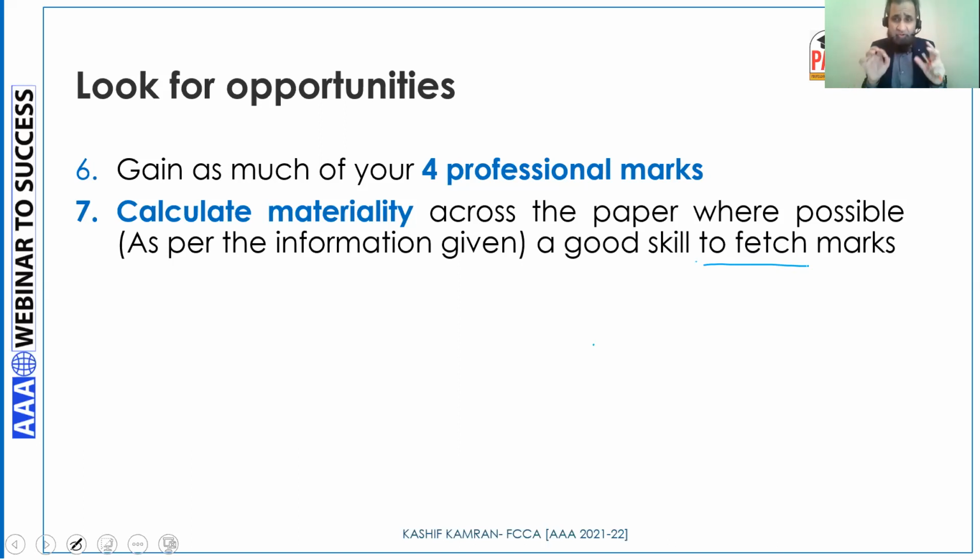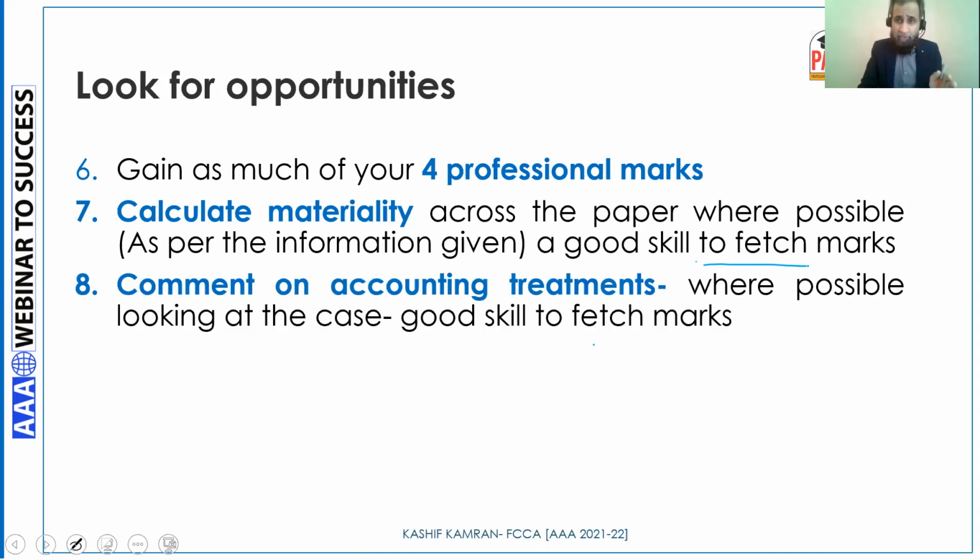Wherever possible, try to calculate materiality in the AAA paper because you are a manager and that's a good skill you can demonstrate. Comment on the accounting treatment where possible across the 100 marks paper, because again, that's a good skill which can increase your opportunity to score marks. Wherever you find an accounting issue, comment on the accounting treatment. Wherever you find numbers, comment on the materiality, because these are managerial skills which you can benefit from.